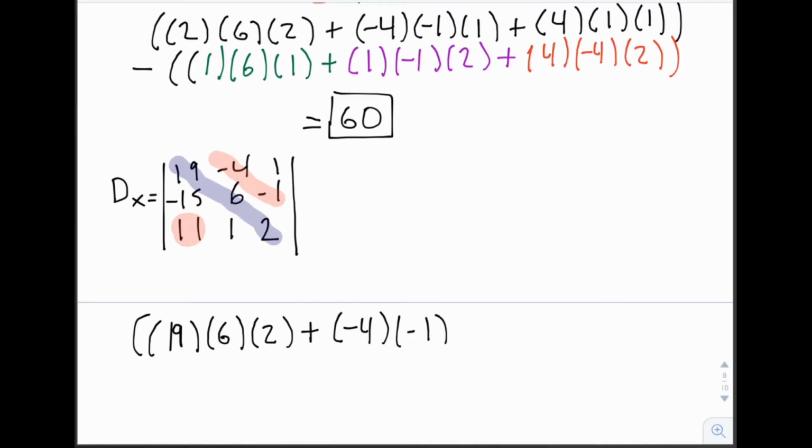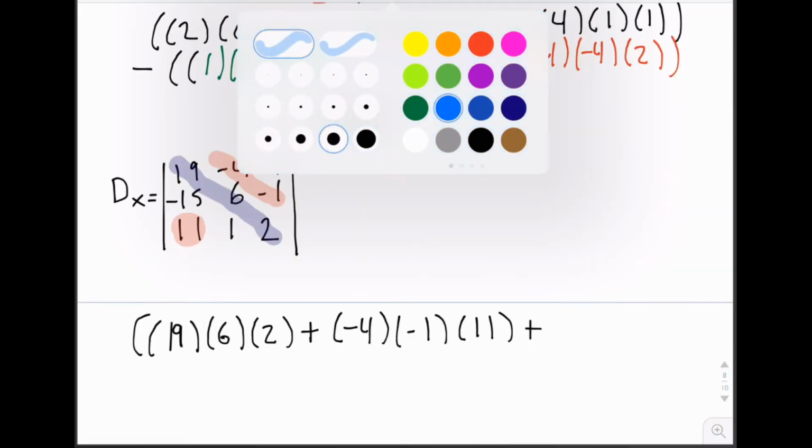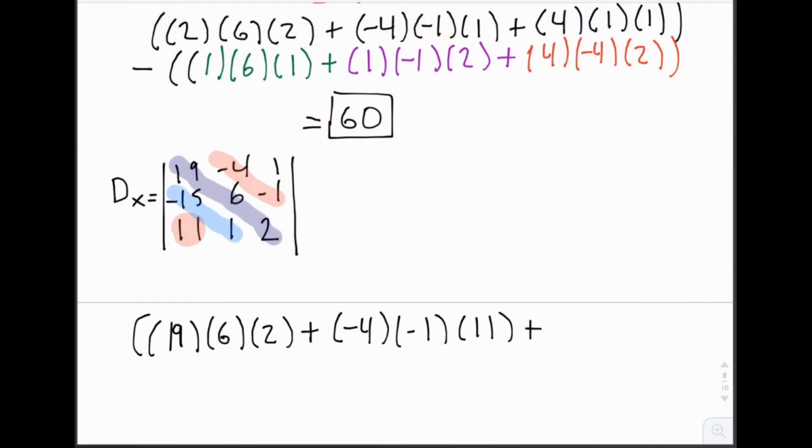And then we add our last diagonal: -15, 1, and opposite corner of a 1. And then we subtract.